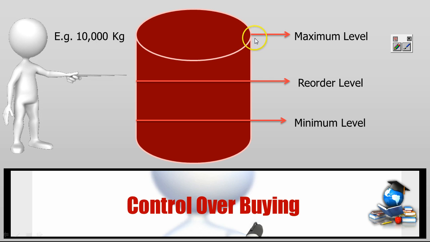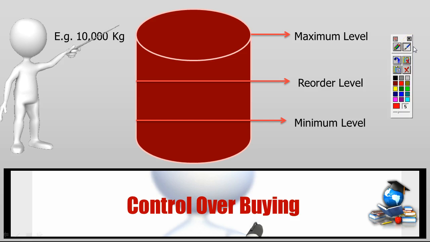Now the minimum level will be, let us put it as some 3,000 kilograms, and then the reorder level would be somewhere around 8,000 kilograms. So when you have 10,000 kilograms, you have to stop. You should not purchase more than that, because it will overfill.